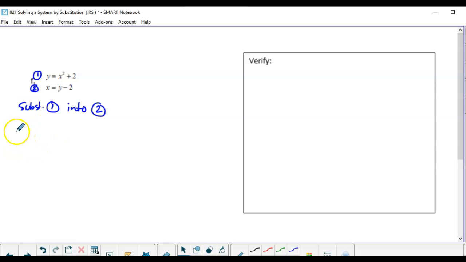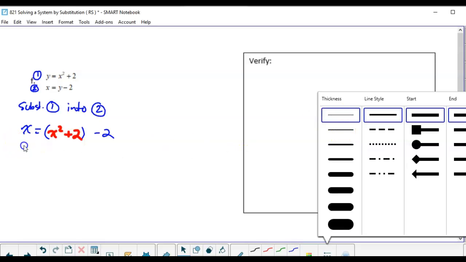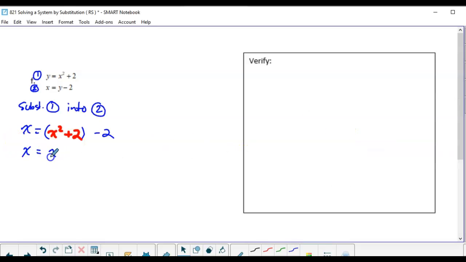So we're going to have x equals y minus 2, and where y, I put x squared plus 2. So I have x equals x squared plus 2 minus 2, so x equals x squared, and then don't divide by x, never divide by x, so we're going to want to bring x to the right and then factor it.